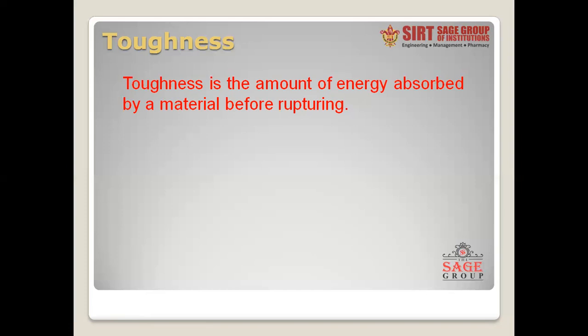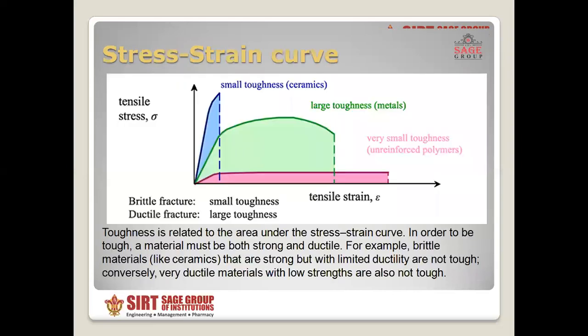So when we drop anything, there is an impact energy because the material comes to rest suddenly, so the energy evolved is dissipated in the material. So toughness basically deals with the energy, whereas strength deals with the load.